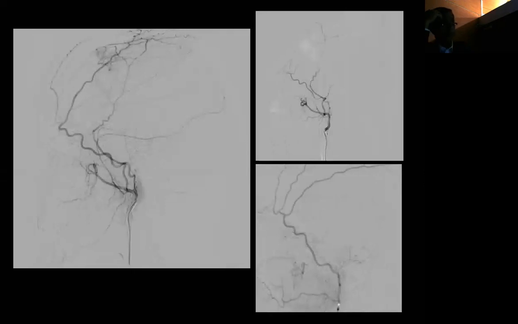This is the middle meningeal artery, and you can see an accessory meningeal as well. It feeds through the collateral network between the branches of the middle meningeal. Also, it's taking from meningeal branches of the superficial temporal artery, which have an arcade here filling part of the central part of the meningioma.